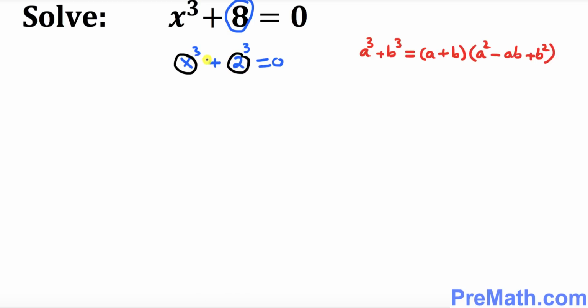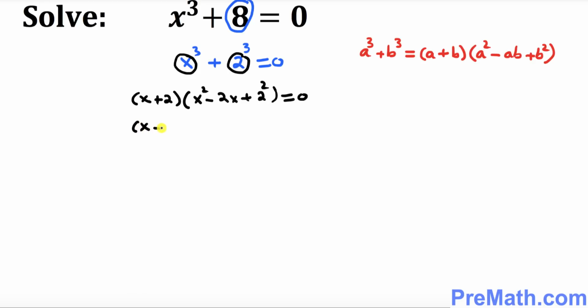So then I can write them as x plus 2 times x squared, and then we have to use a minus sign according to this formula, 2 times x plus 2 squared, equal to 0. Let's go ahead and simplify.